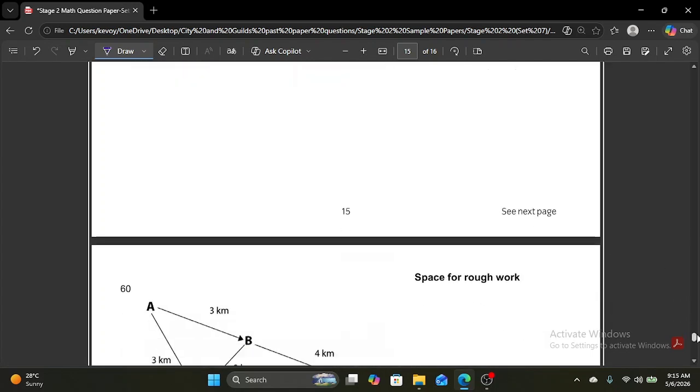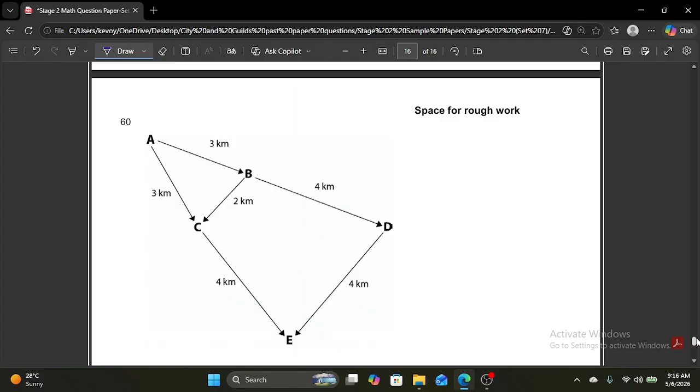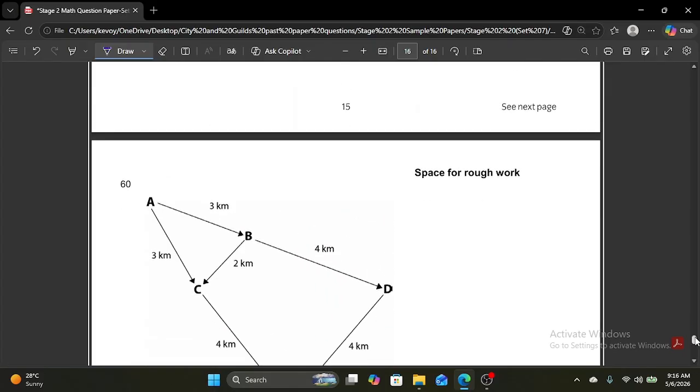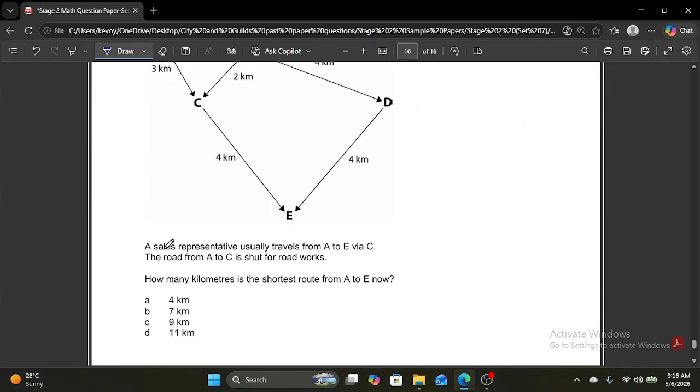All right, moving on. Last, the sales representative usually travels from A to E via C. The road from A to C is shut for roadworks. How many kilometers is the shortest route from A to E now?